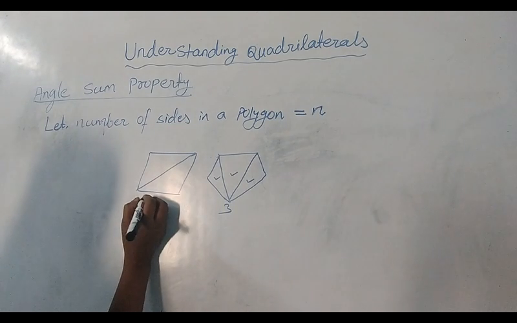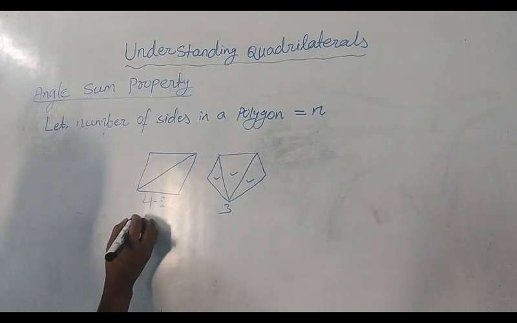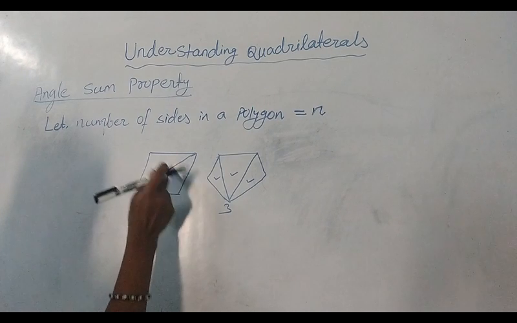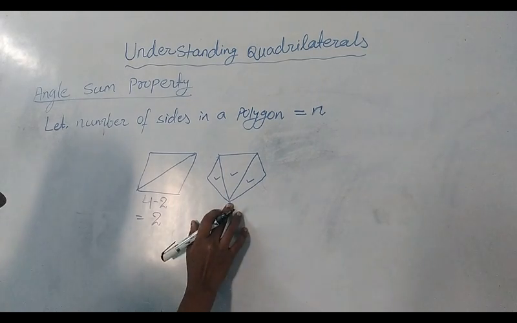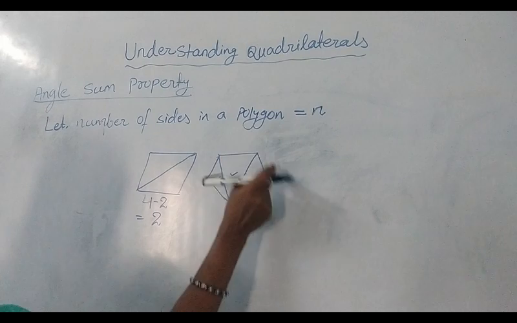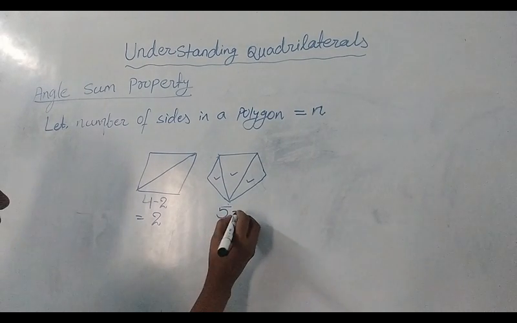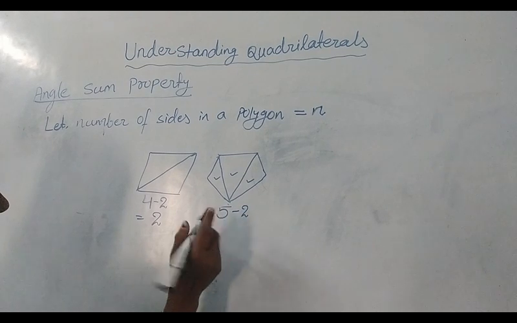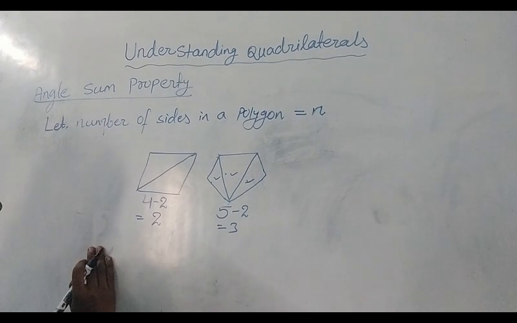When you subtract 2 from 4, you find that the total number of triangles we can create inside is equal to 2. Now this is a pentagon, and a pentagon has 5 sides, and when we subtract 2 from this 5, then we get 3. That means we have 3 triangles.